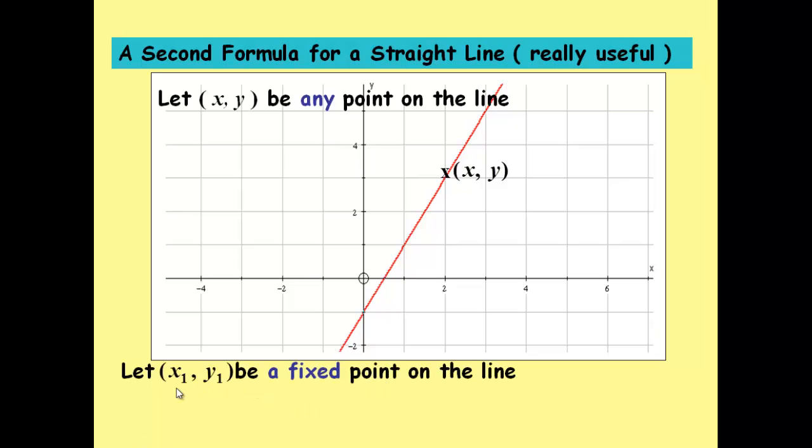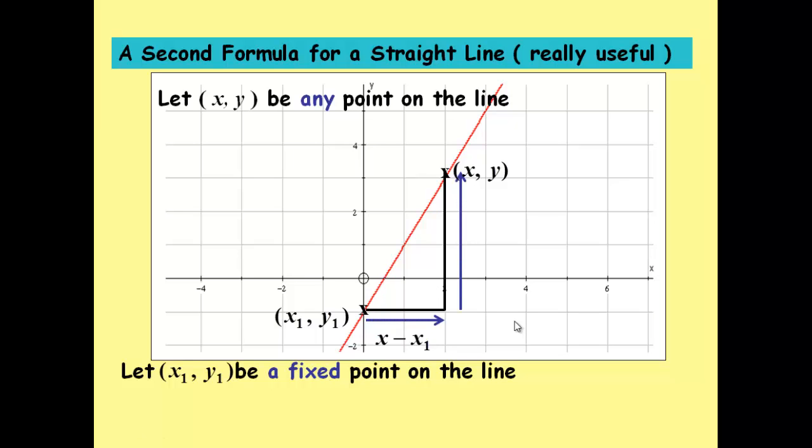We can make a fixed point on the line, x1, y1. And for any point, we can find the gradient by looking at how much it goes up or down. So how much the line between these 2 points goes up or down, in this instance up, for how much it goes along in a positive x direction.